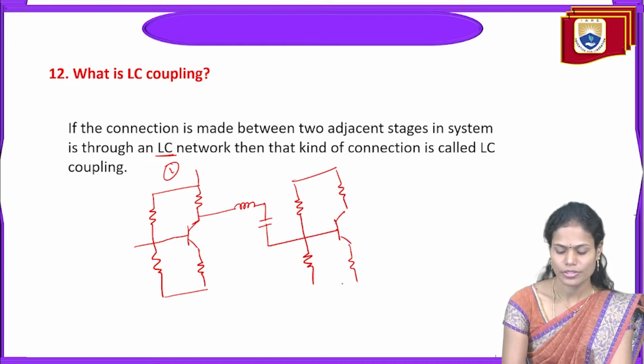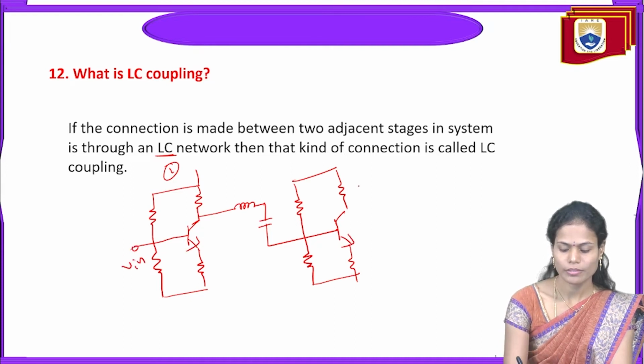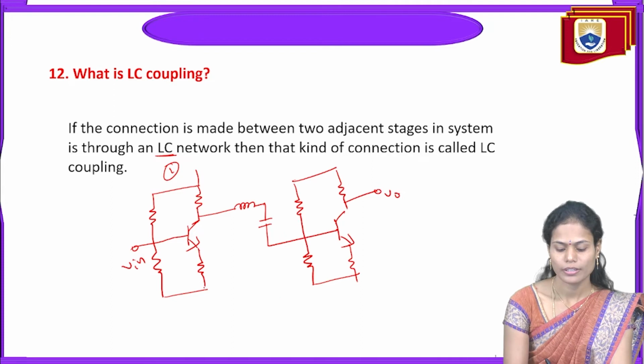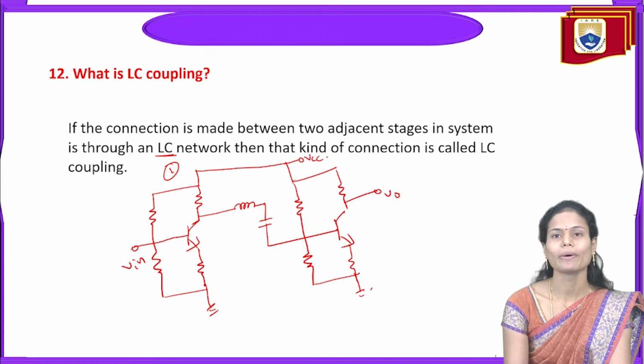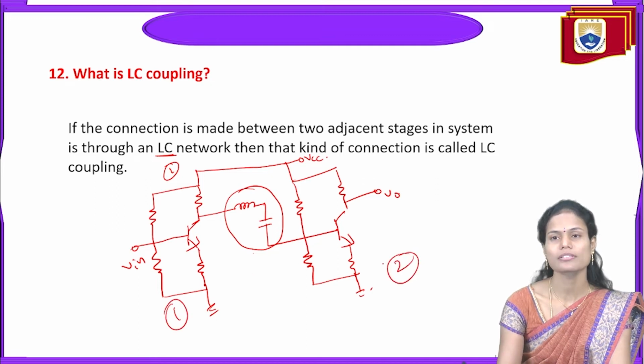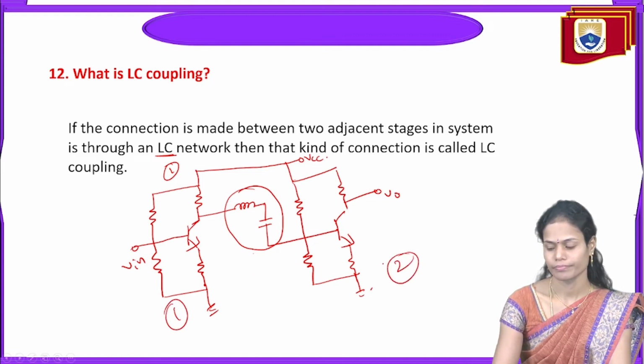This is the second stage. Here we give Vin, and here we will take the output. This is ground, and these two will connect to the common supply. So this is the LC network in order to cascade the first stage and the second stage.